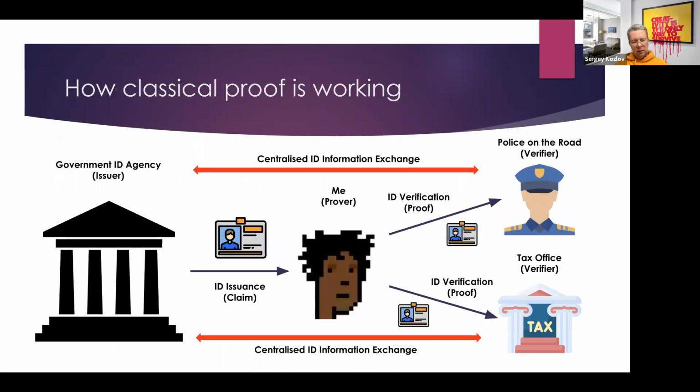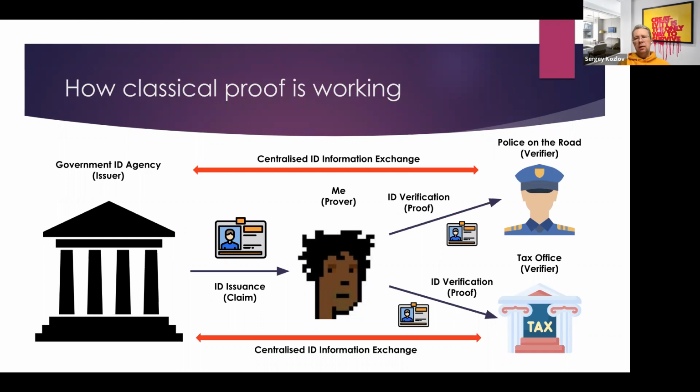So let's understand how it works in comparison with the classical proof. In the classical world, for example, if I am a driver, I have a driver license issued by a government agency, and police stops me on the road. The police is the verifier, I'm the prover, and I provide my driver license to the police.